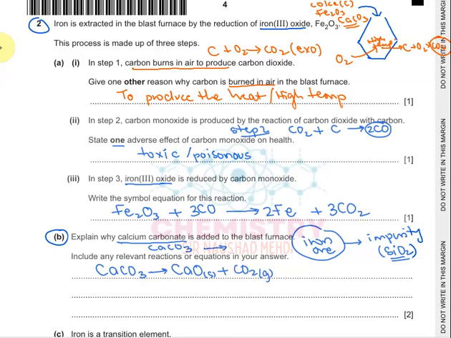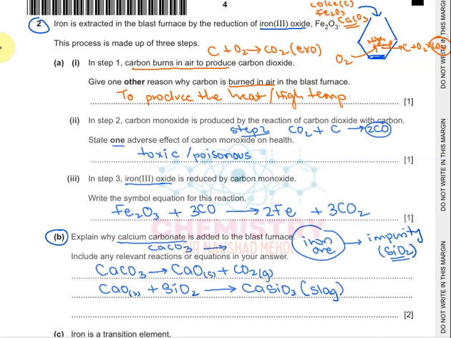And now in the second step, this calcium oxide which is produced by the decomposition will react with your impurity, which is silicon dioxide, present in the iron ore, to form calcium silicate, and calcium silicate is your slag which will settle down at the bottom of the blast furnace, and you can easily separate that slag out of it.